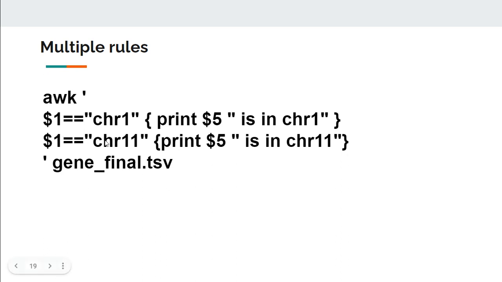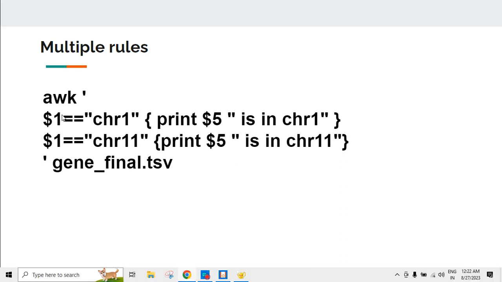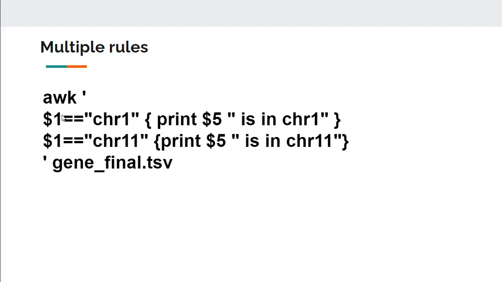Then the second rule checks whether the first column is chromosome 11 or not, and if it is satisfied, we do this print. Remember that each rule should be on a separate line if you are writing multiple rules.